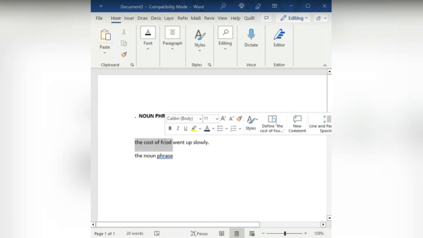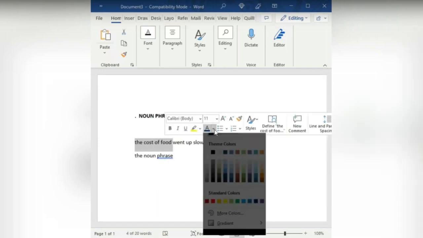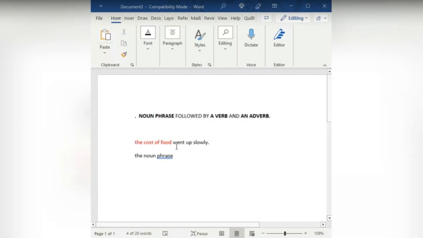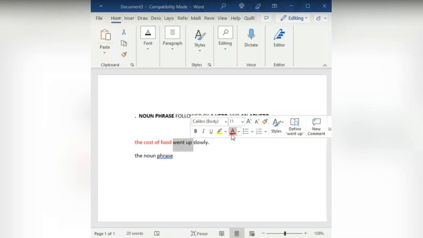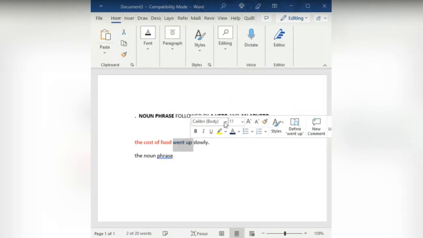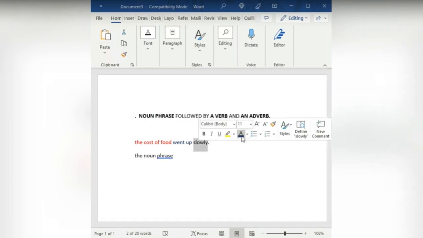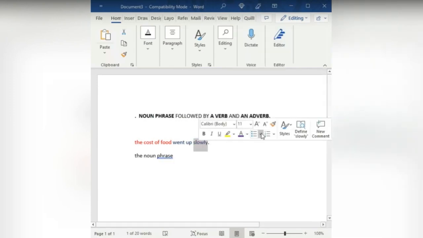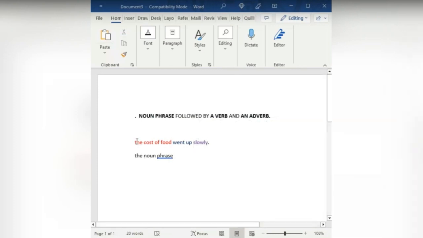The cost of food becomes the noun phrase. And then went up becomes the verb. Then slowly now becomes an adverb.